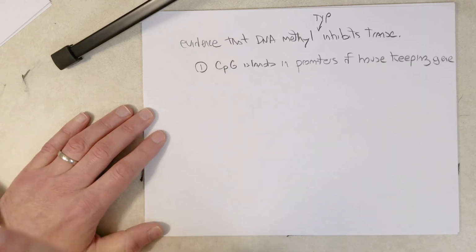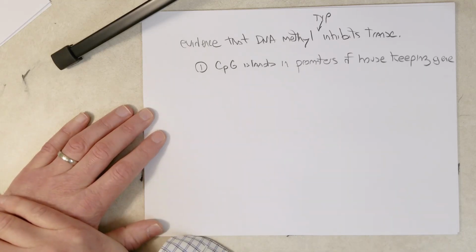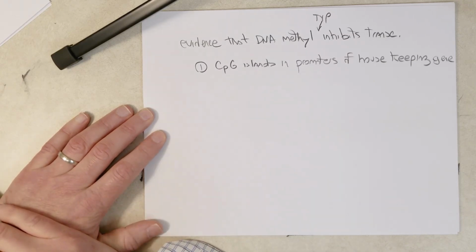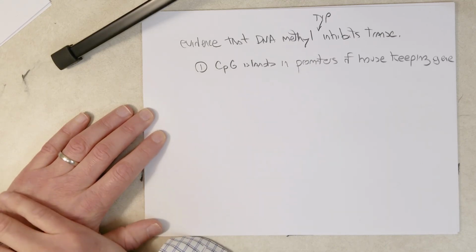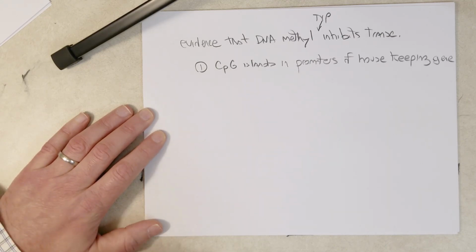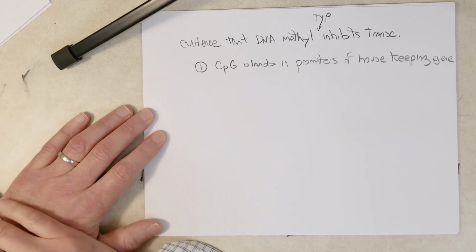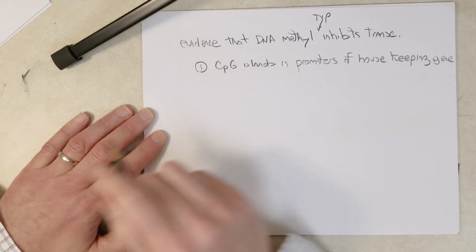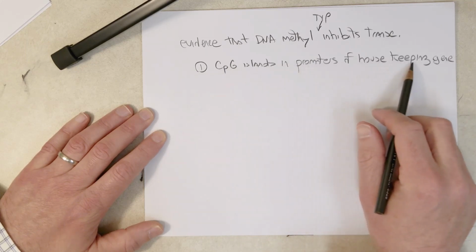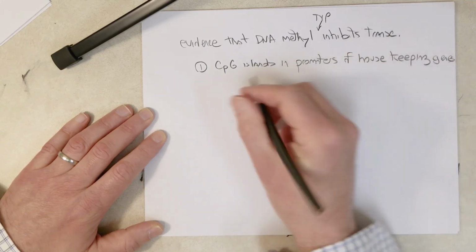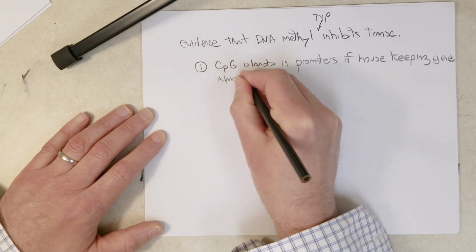An example would be a gene that encodes an enzyme needed to use glucose or make ATP, something that the cell always needs to be transcribed in order to survive. So that would be a housekeeping gene. CpG islands in promoters of housekeeping genes are almost never methylated.